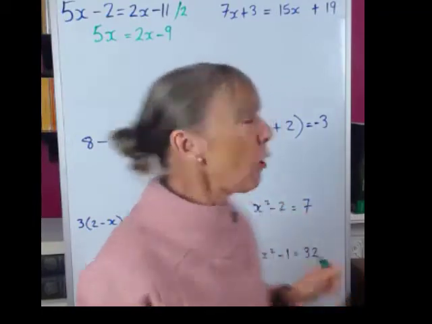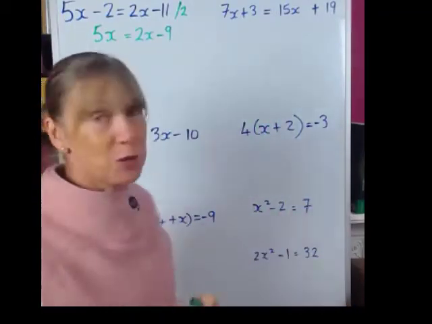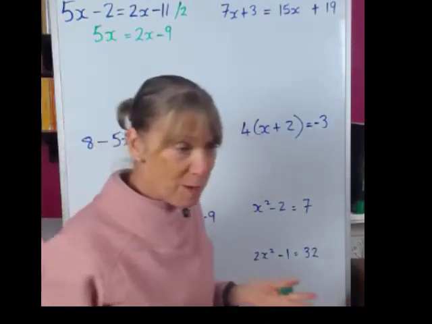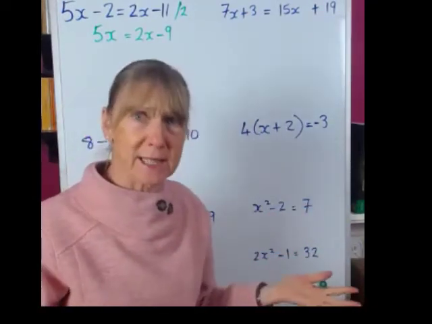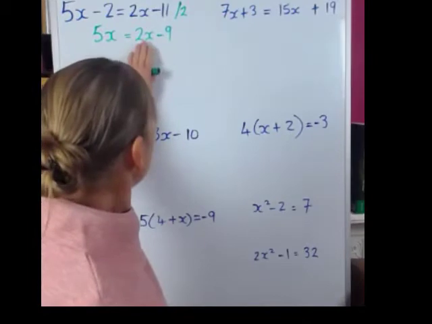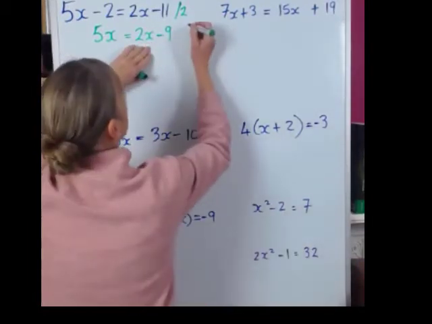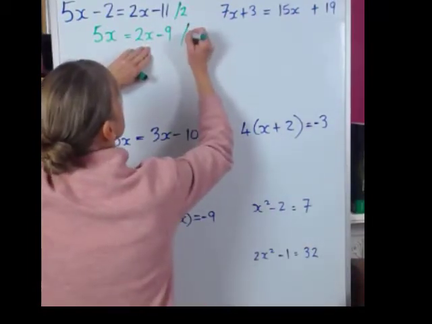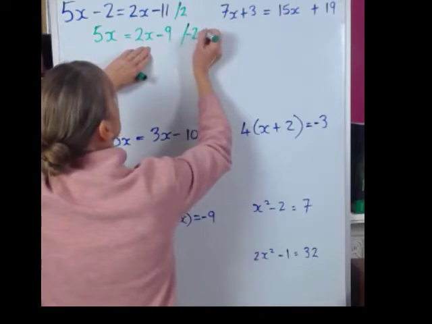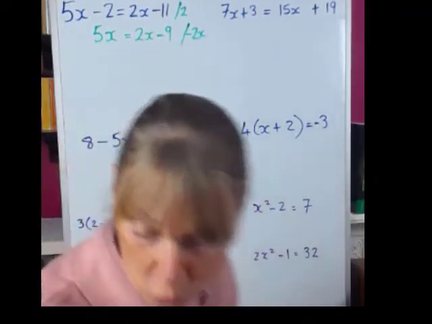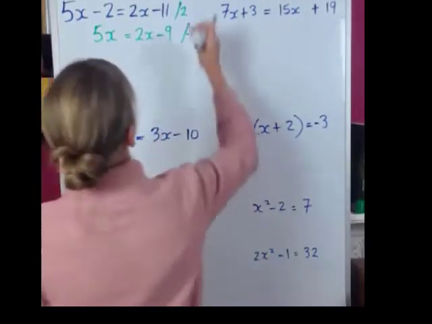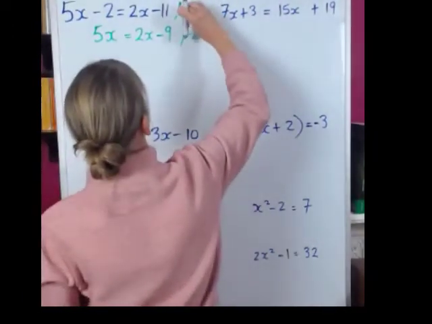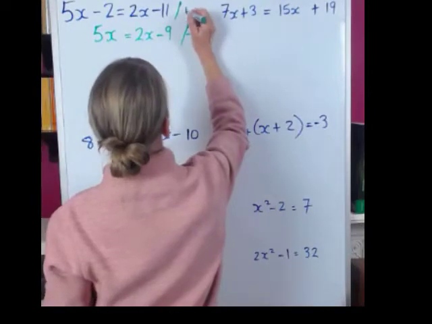So how am I going to get 2x off that side? Well, you remember from before that we have to do this thing where it balances, but it simplifies at the same time. So if we want to get rid of that, we have to subtract it. But we're not subtracting 2, we're subtracting 2x. I just realised I've got to say what we're doing with the 2 there. We're adding 2.